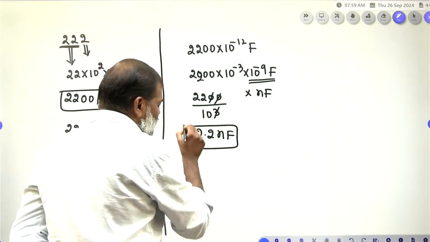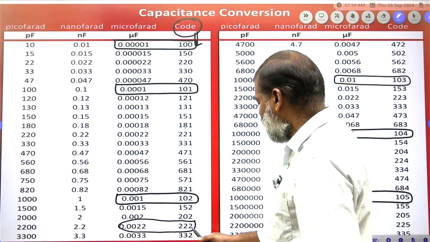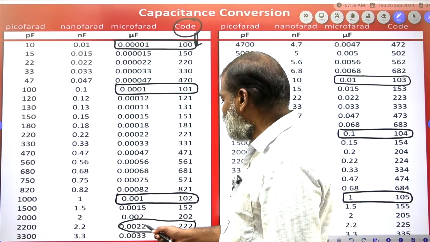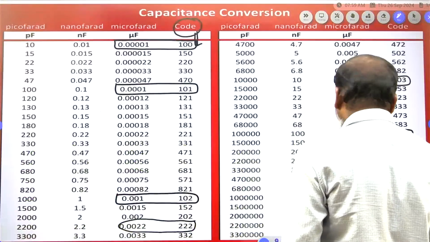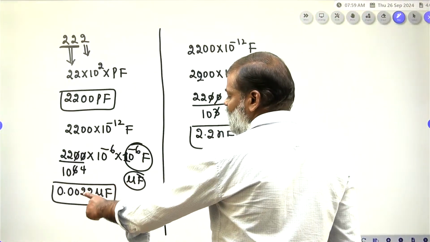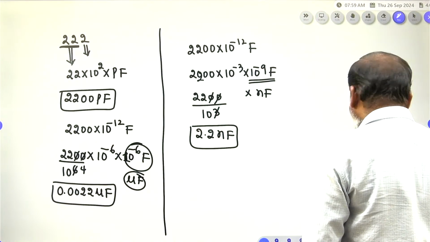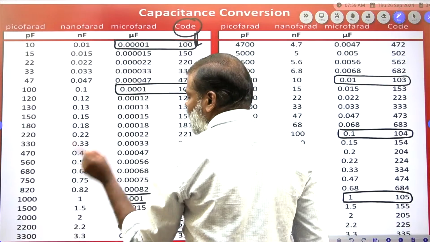Once you check in the table whether it is coming correctly or not, for 222 in terms of the microfarad, we are getting 0.0022 microfarad, correct? In terms of nanofarad, 2.2 nanofarad.